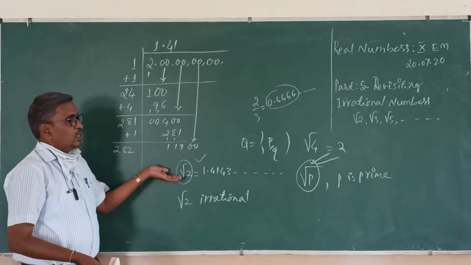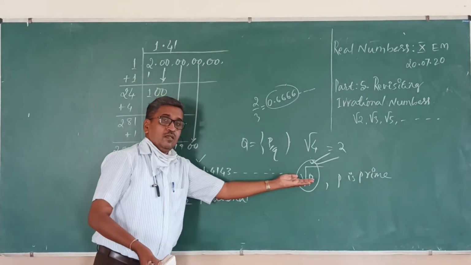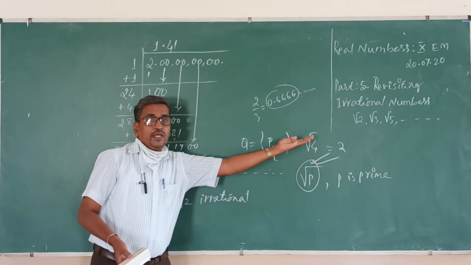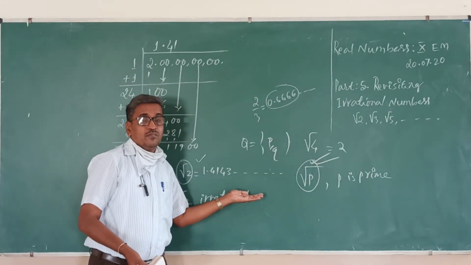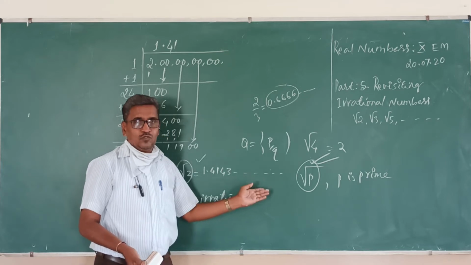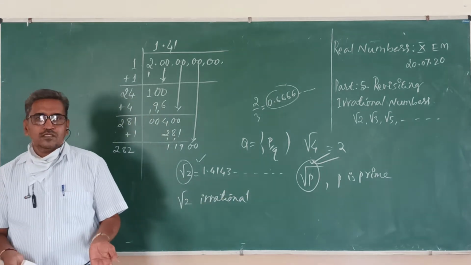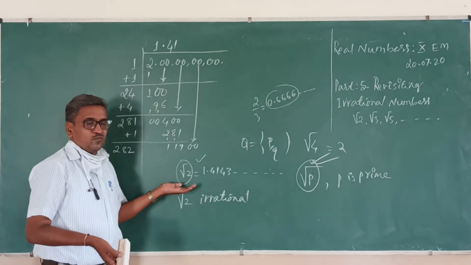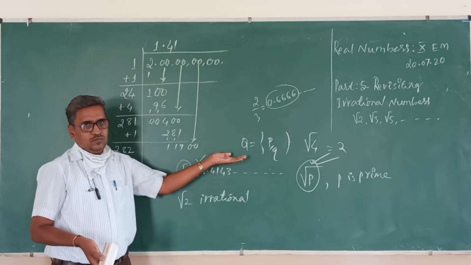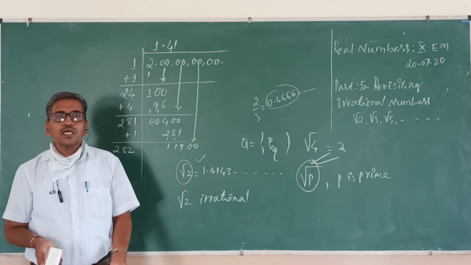Whatever the number of steps, the decimal does not stop, so it is non-terminating and non-repeating. Such numbers cannot be put in the form of p by q; which are not rational are said to be irrational.